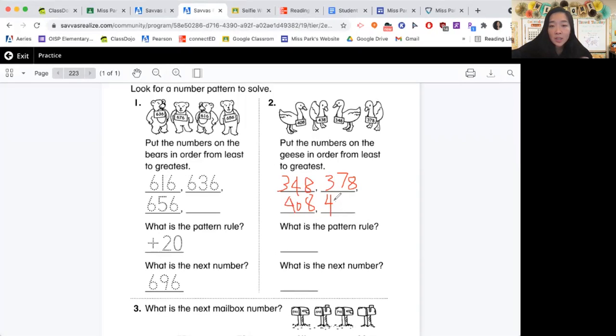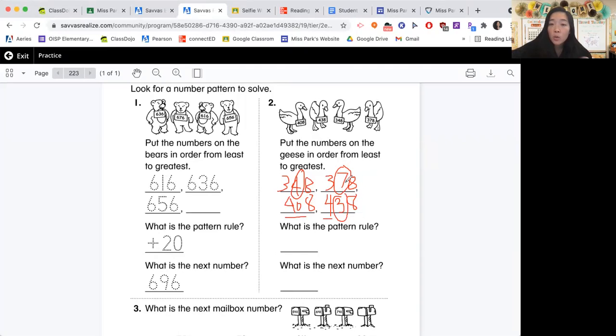Now, just by looking at these numbers, it looks like the only number that is changing is in the tens place. And the reason why the hundreds place is changing is because of regrouping. From here to here, it looks like it's going up 3 tens because it would be 40, 50, 60, 70.